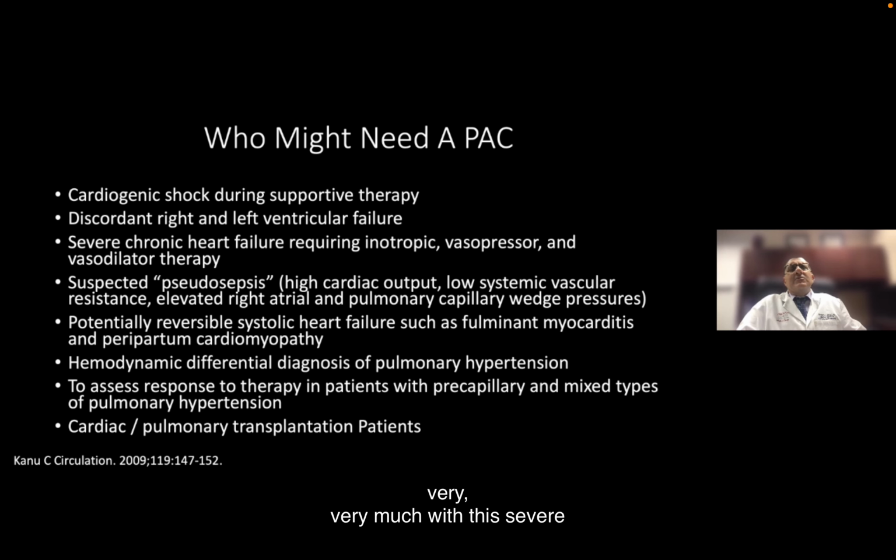Severe heart failure that's requiring inotrope to titrate. Pseudosepsis, where we don't understand what's going on, whether it's septic shock or another form. Myocarditis or pulmonary hypertension, things where we know the right side is weak. And then complex patients like transplant patients.